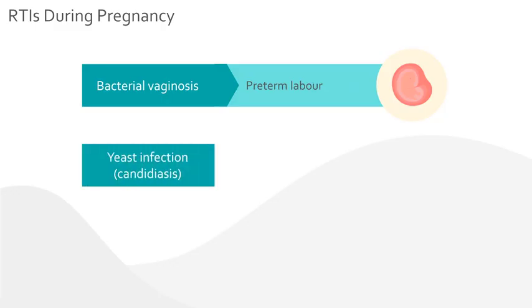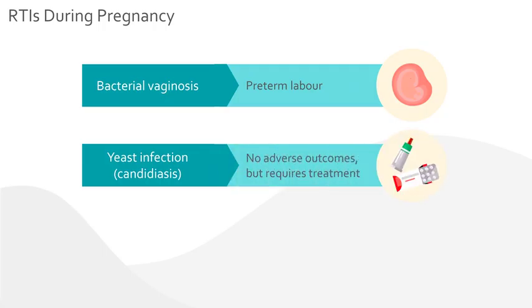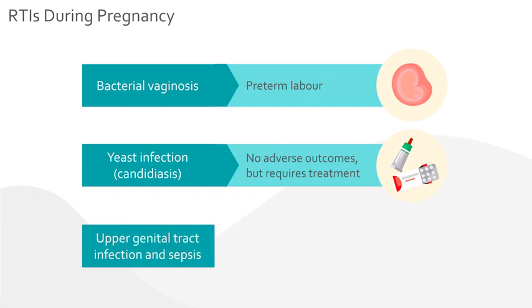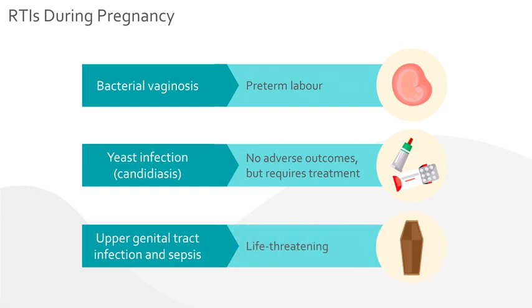Yeast infection, or candidiasis, is more common in pregnancy, and although not associated with adverse pregnancy outcomes, symptoms may be unpleasant and women should receive treatment. Upper genital tract infection and sepsis, which can be life-threatening, may be a complication of spontaneous or induced abortion, rupture of membranes, or may occur following childbirth.